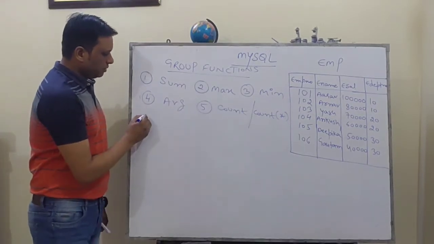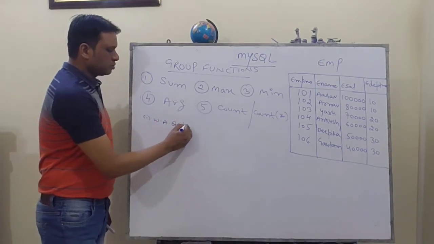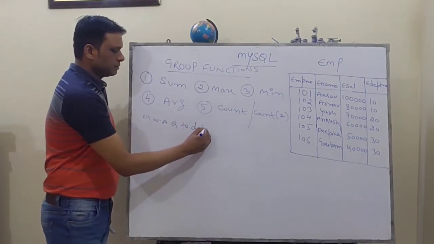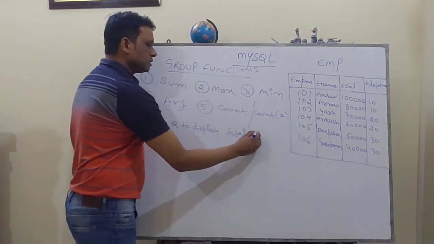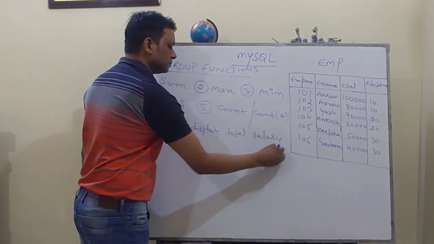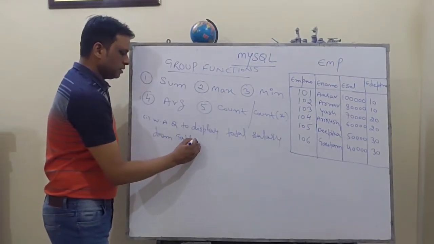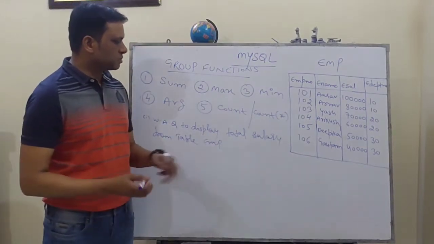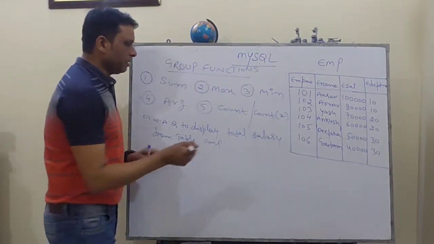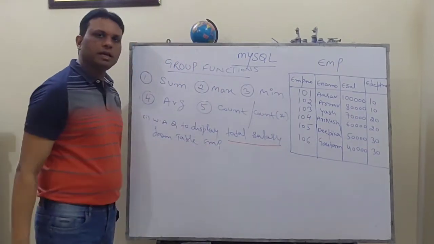So query number 1. Write a query to display total salary from table EMP. In this query, we have to display total salary. What do we have to display? Total salary. From where? From table EMP.